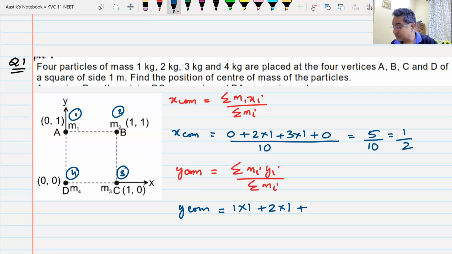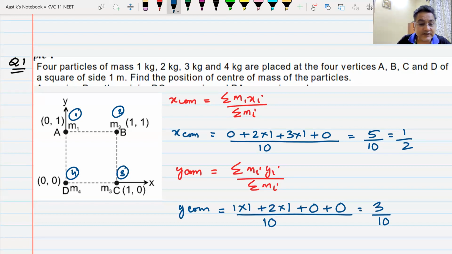The third mass is 3 kg, but the y coordinate is 0. Fourth mass is 4 kg, but the y coordinate is 0, divided by 10. So I get this as 3 by 10. So this is the answer that we are looking for.